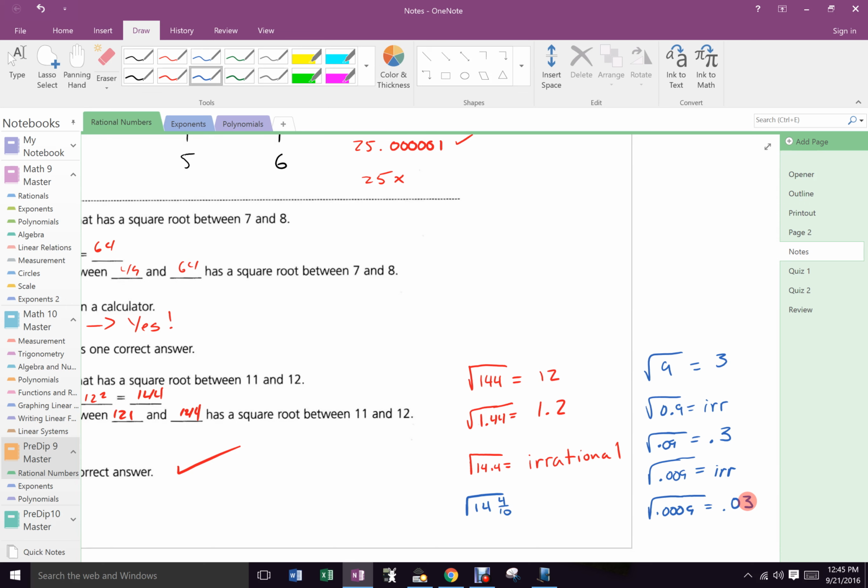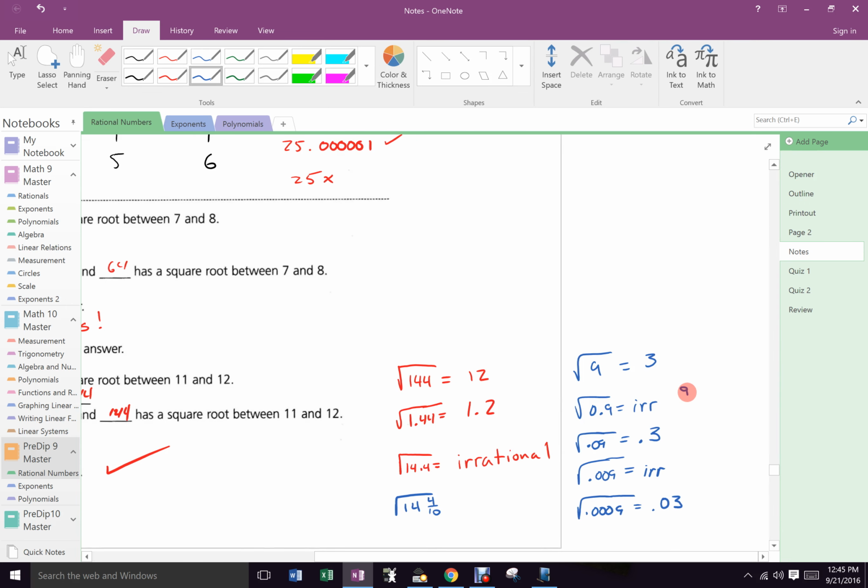Because, of course, what is this really? 9/10. No square root of 10. What's this really? 9/100. Square root of 100. What's this really? 9/1,000. No square root of 1,000. 9/10,000. The square root of 10,000 is 100. Cool?